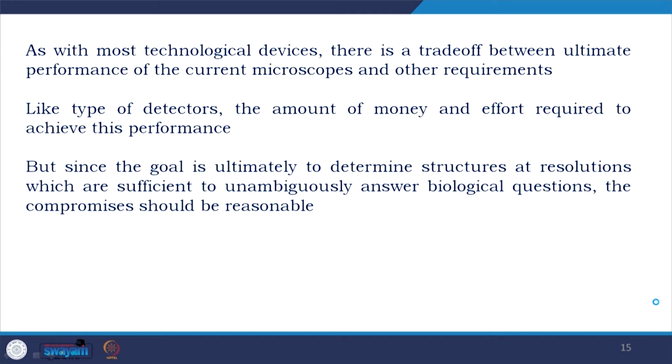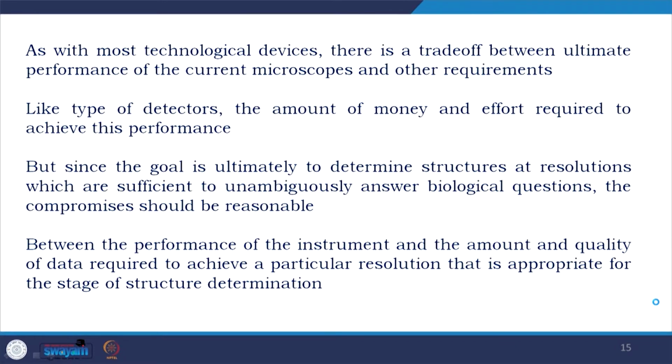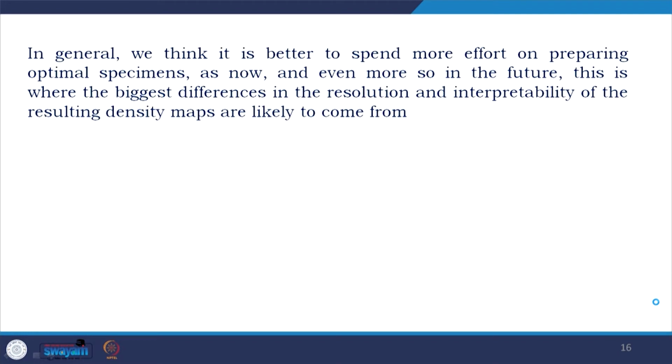There should always be a balance, so that we could get the biological information we are looking for at a high confidence level, between the performance of the instrument and the amount and quality of data required to achieve a particular resolution that is appropriate for the stage of structure determination. So, trade offs are still there.